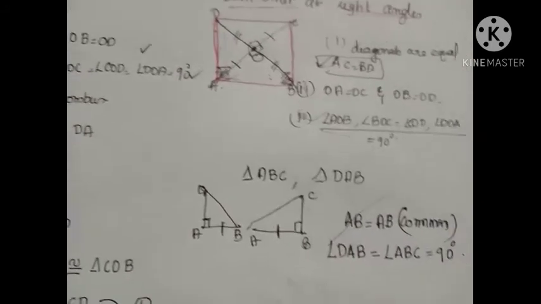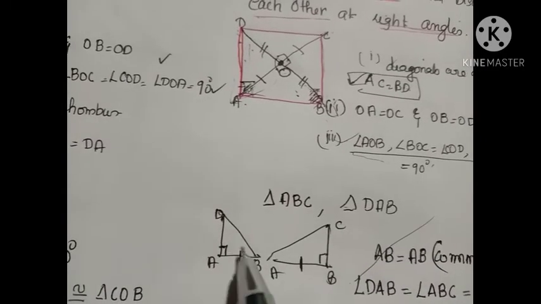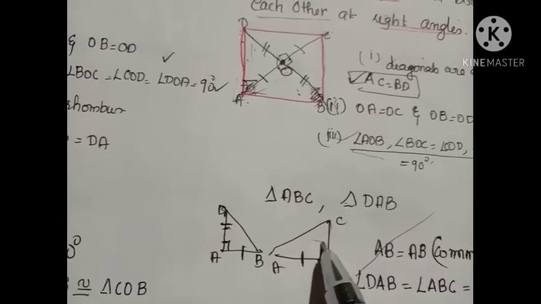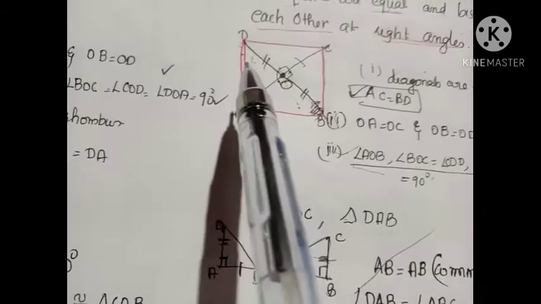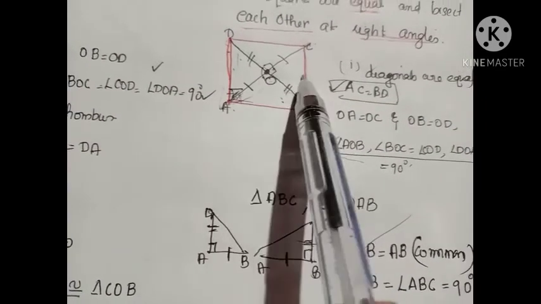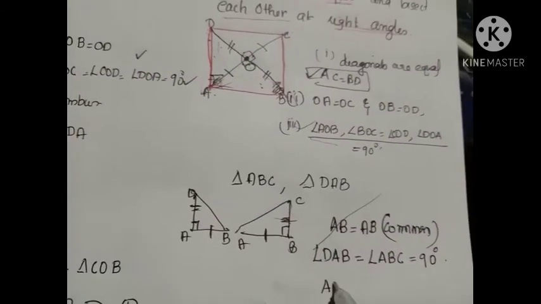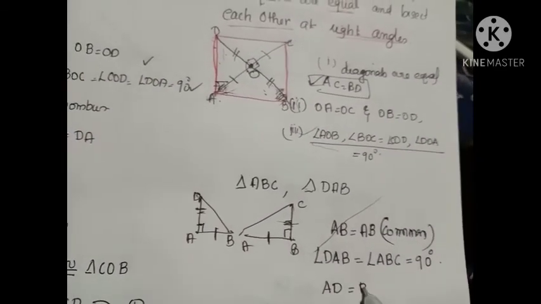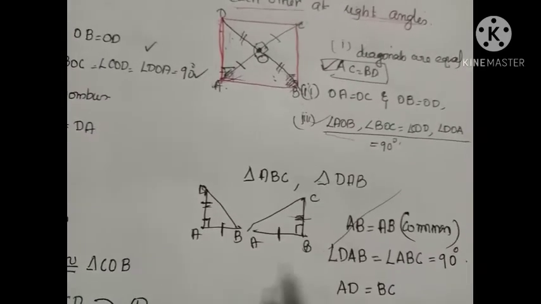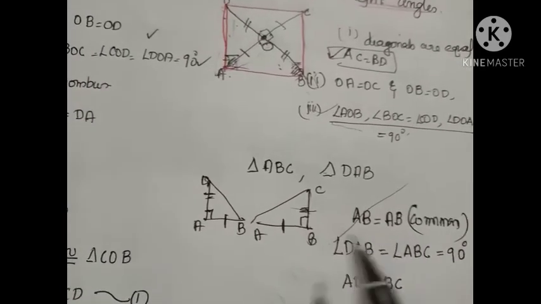Okay. Now listen, what about AD and BC? Look at the figure. AD and BC. These two are equal because ABCD is a square. Square means all sides are equal. Okay. So we have two sides and one angle.